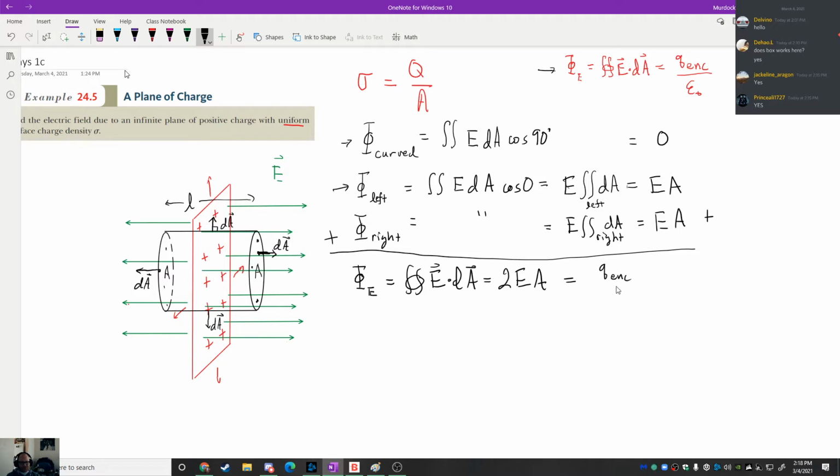Yep. And then the right-hand side of this equation is the part we have to worry about now, which is Q enclosed divided by epsilon naught. And so now we have to think about what is Q enclosed. Q enclosed represents the amount of charge that's contained within our Gaussian surface. And how much is that going to be?